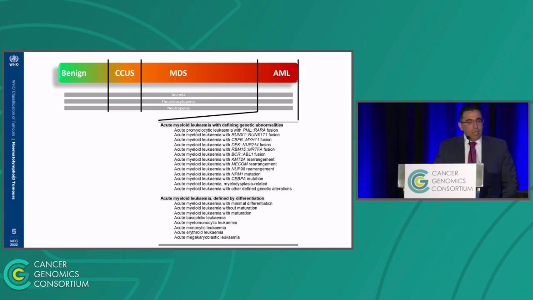You see that AML in the WHO classification is split into two groups now, AML with defining genetic abnormalities and AML that's defined by differentiation.